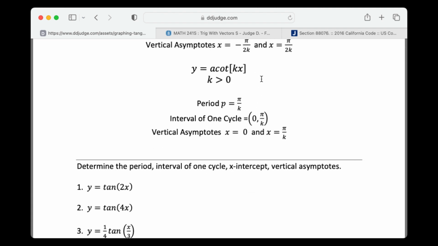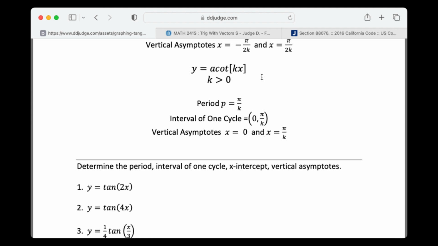You might say, are we going to graph cotangent 2? Yes. What do you guys see there? A cotangent kx, k is greater than 0. What's the period here for cotangent? Isn't that the same? It's pi over k.